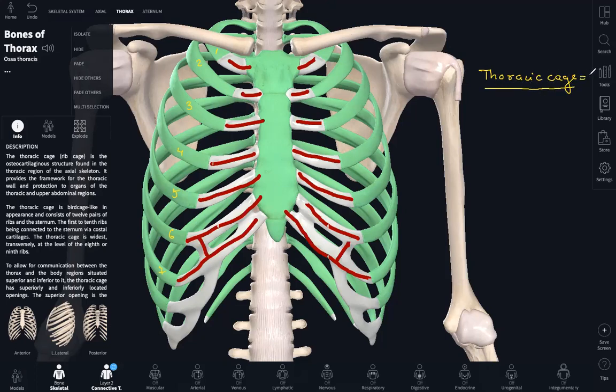So coming to this thoracic cage, consisting of 25 bones. The first to 7th pair are called true ribs. Then the 8th to the 10th pair are called false ribs.